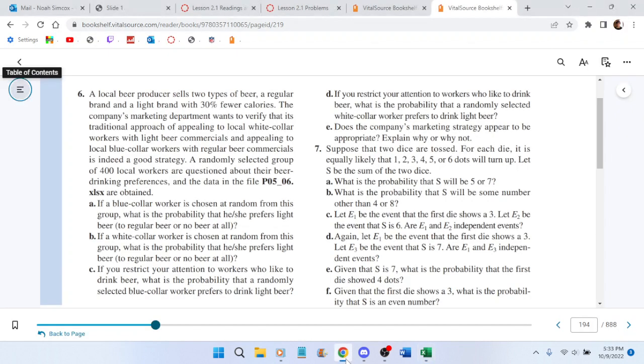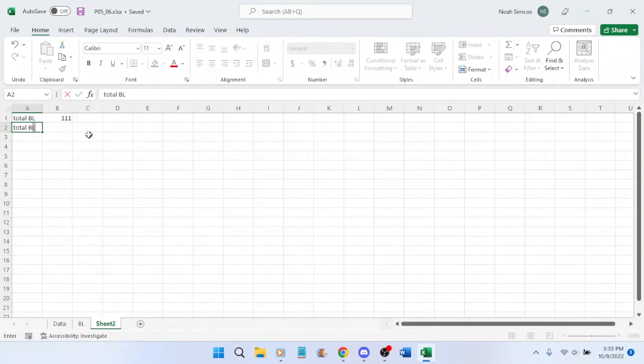So if you select B, blue collar worker, you need the total of blue collar workers.